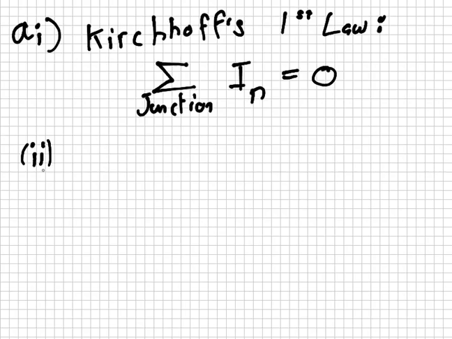So if there's more charge going in than coming out, then what's happening? There's charge building up inside. And if there's more charge leaving than going in, what's happening? Something's discharging, yeah, charge is coming into existence.